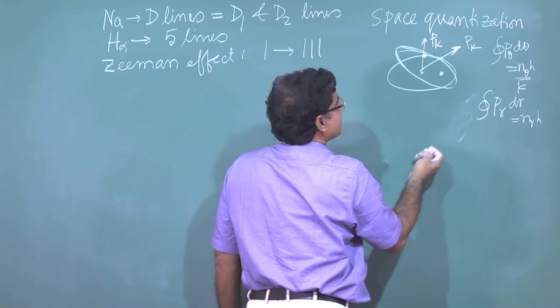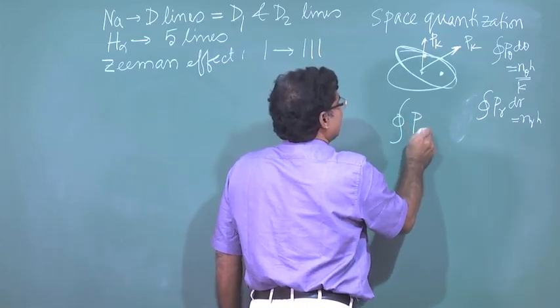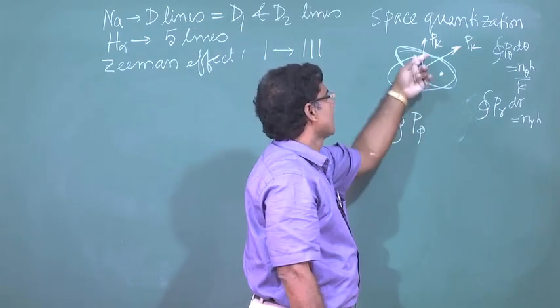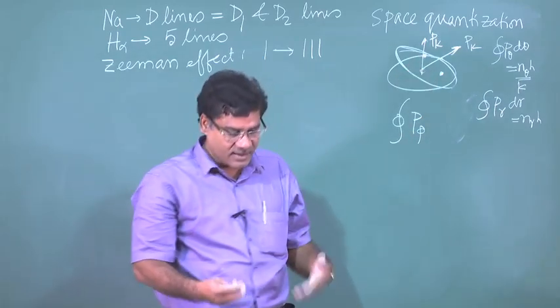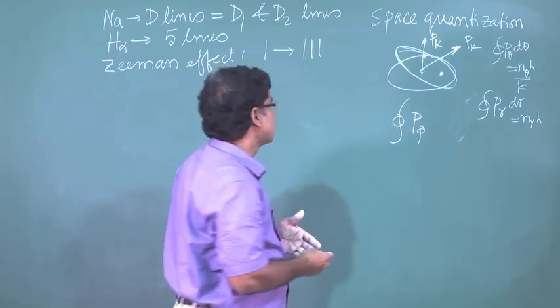So, for the third quantization, space quantization, it was considered that p phi. What is phi?